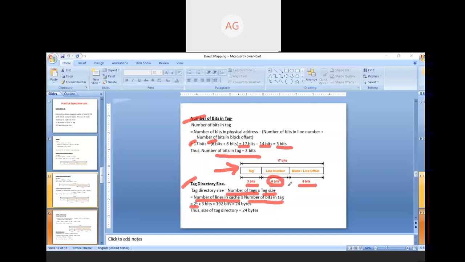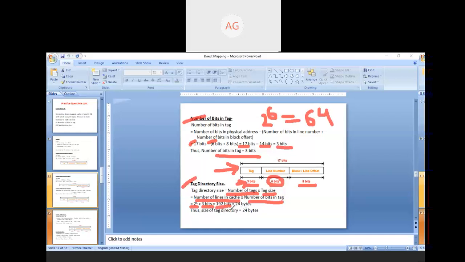So 2 to the power 6 is equal to 64, and the number of bits in tag is 3 bits. So you need to multiply 64 by 3.